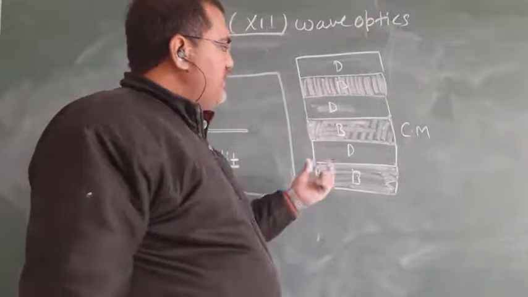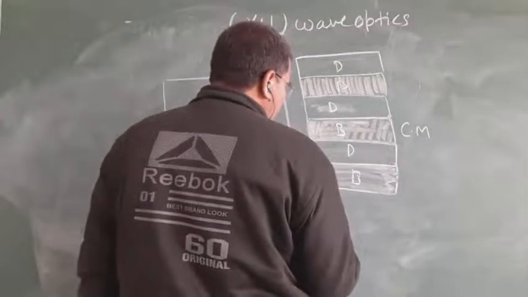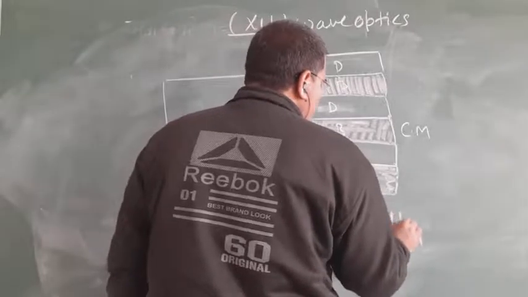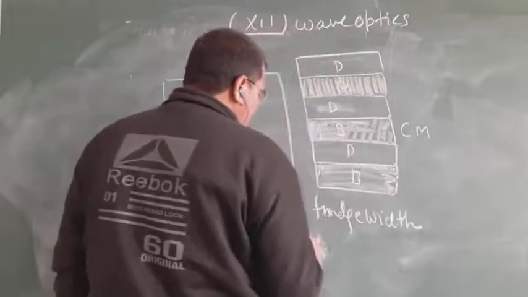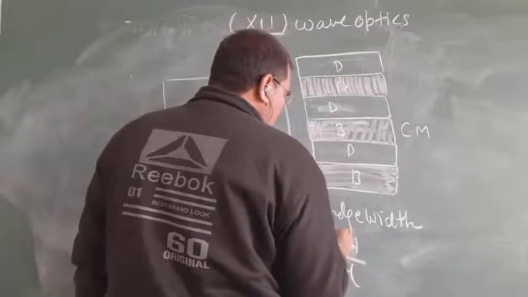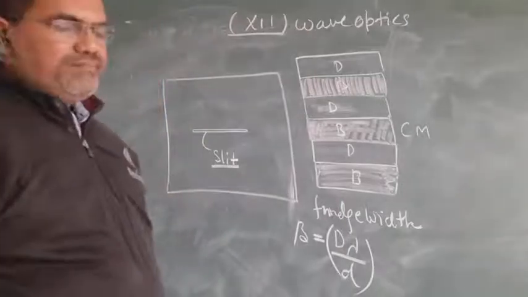Most important thing is that the fringe width, beta, is the same whether it is dark fringe or bright fringe.